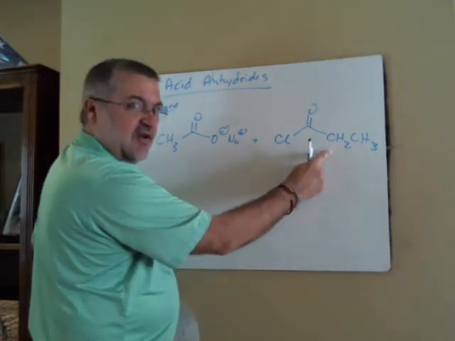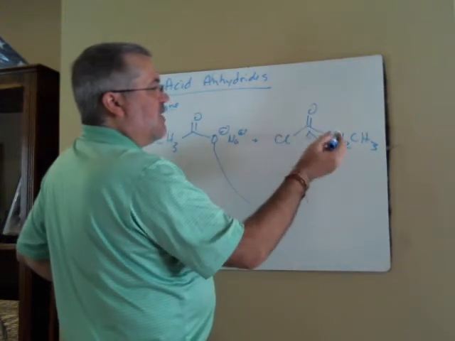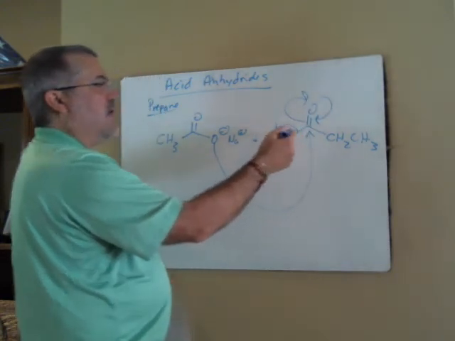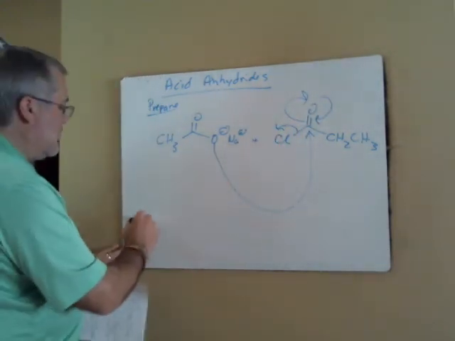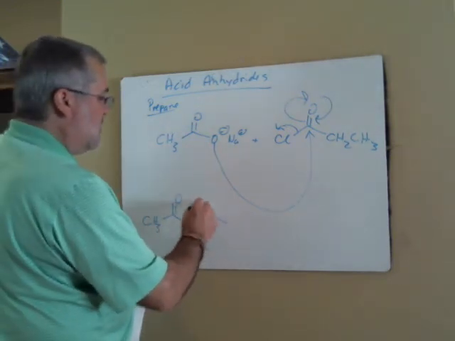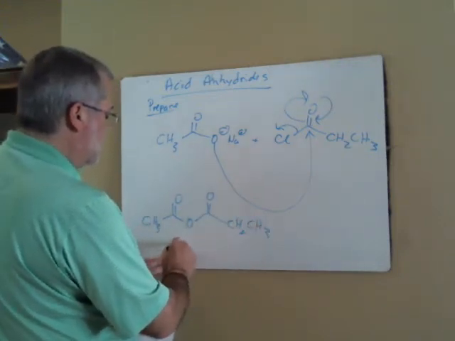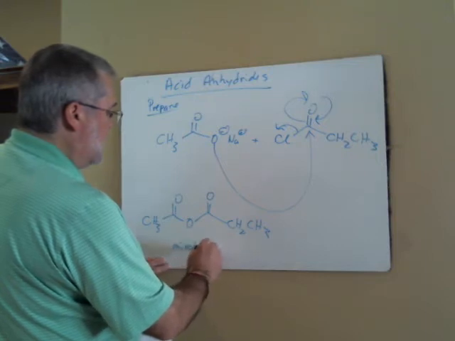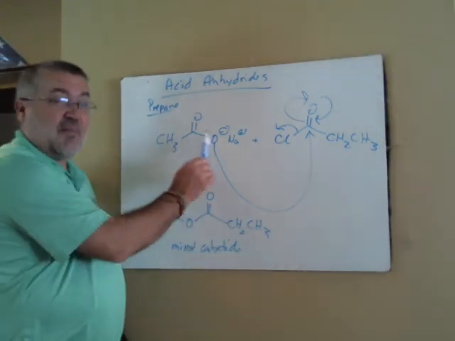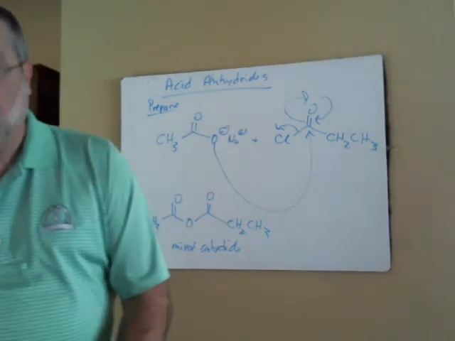It's always going to be nucleophile reacting with the electrophilic site of the carbonyl, breaking the pi bond, moving the electrons up to the oxygen, coming back in, reforming the carbonyl, breaking that bond to the chlorine. It's a leaving group, and then what was in the box gets substituted with the nucleophile, and I have produced this mixed anhydride. And that's the only product. So this method is how you make mixed anhydrides. All right? Isn't chemistry fun?